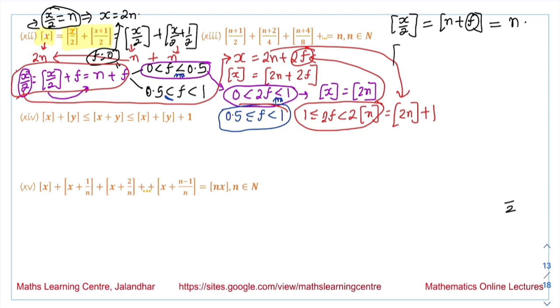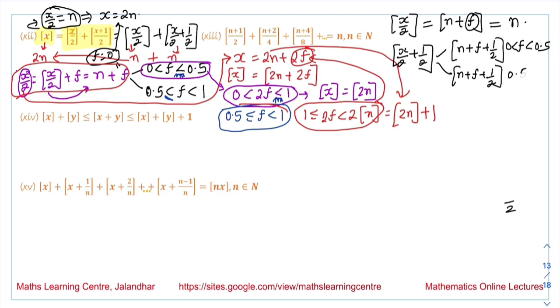And what is the greatest integer of x by 2 plus 1 by 2? Again, two cases are there. This is equal to the greatest integer of n plus f plus 1 by 2 when f is between 0 and 0.5, and n plus f plus 1 by 2 when 0.5 is less than f is less than 1.